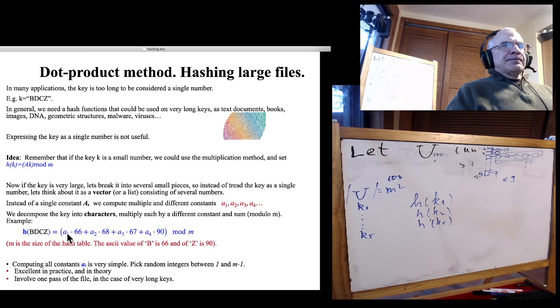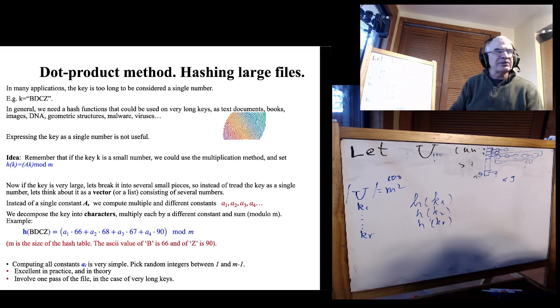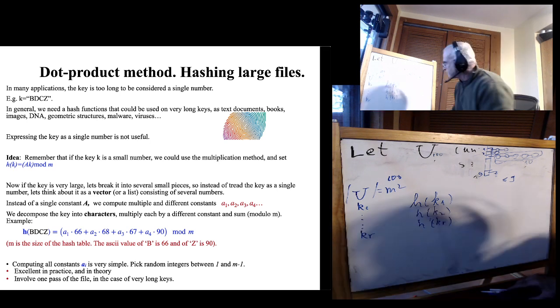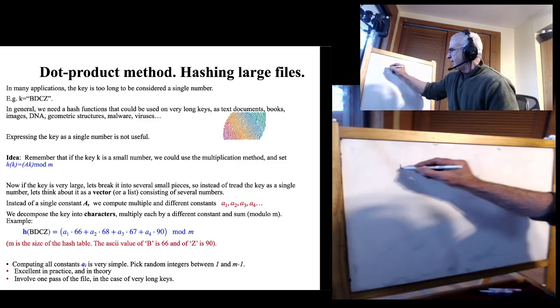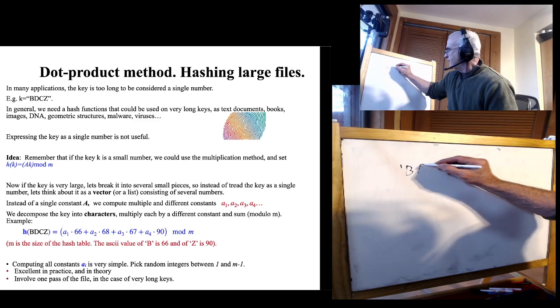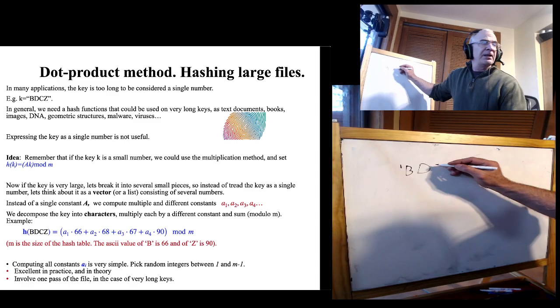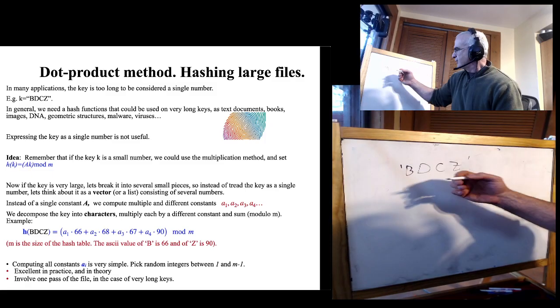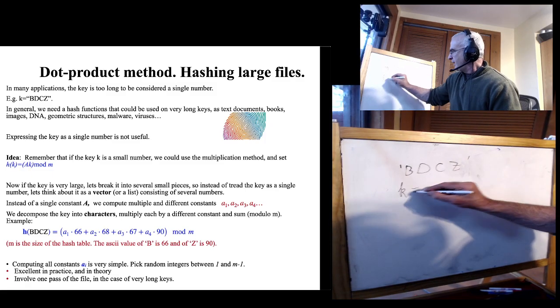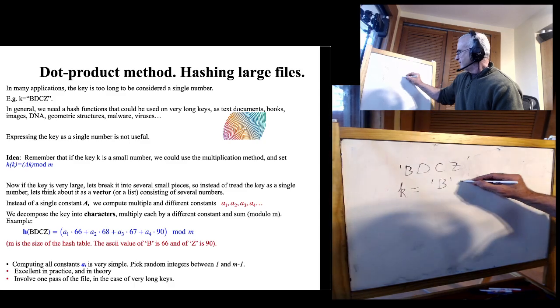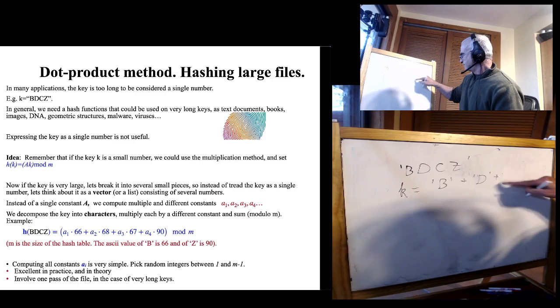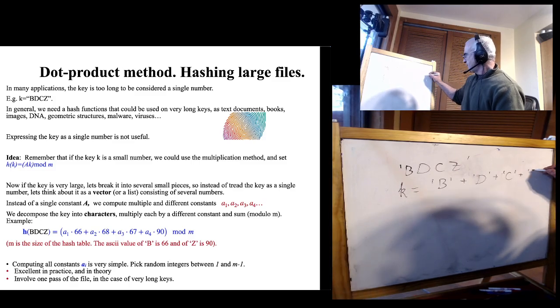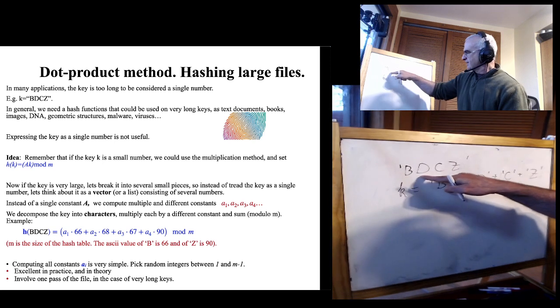Why do I prefer to have different constants right here? Of course, I can take this key BDCZ and make a number out of it, where K will be the ASCII value of B plus the ASCII value of D plus the ASCII value of C plus the ASCII value of Z. But what happened here?